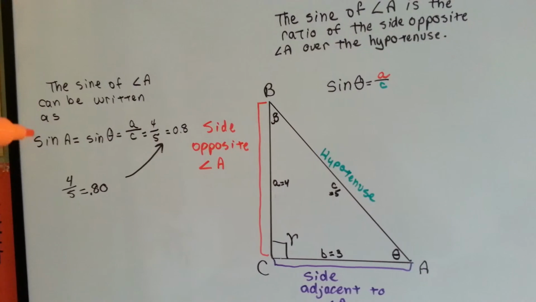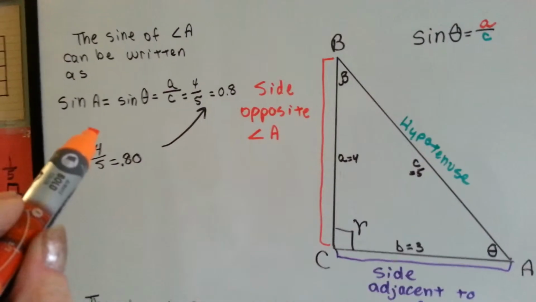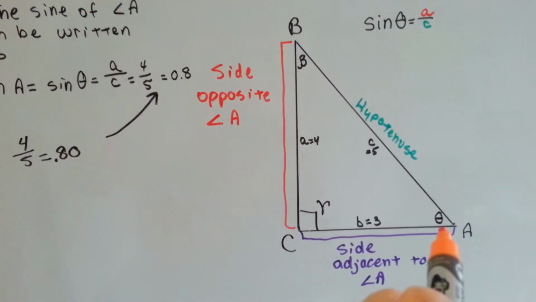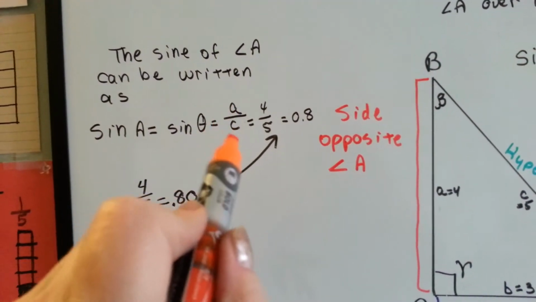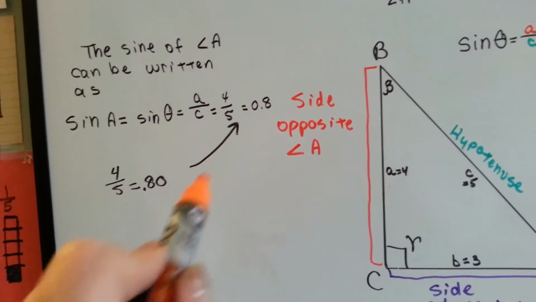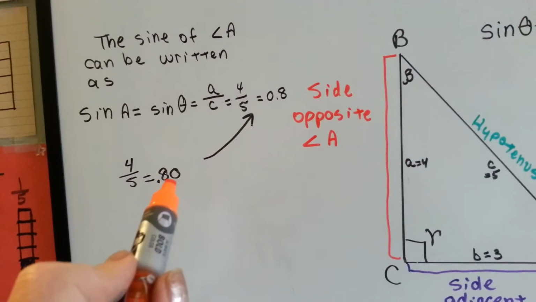So it can be written like this. See how we have the theta mark there? So it's going to equal A over C, which is 4 over 5. See? 4 over 5 in decimals is 0.8.